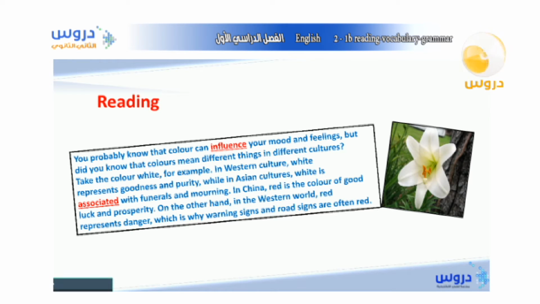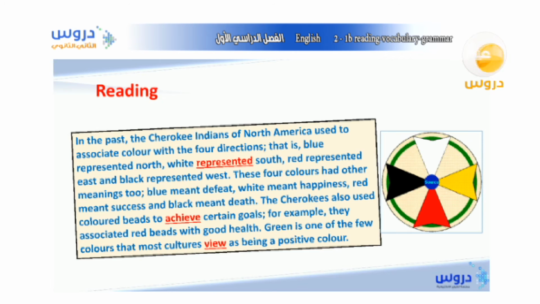People really have different cultures, different views about their colors. If we move on to see how colors are really different in other countries, I'm going to read for you, so if you can follow with me. In the past, the Cherokee Indians of North America used to associate color with the four directions.